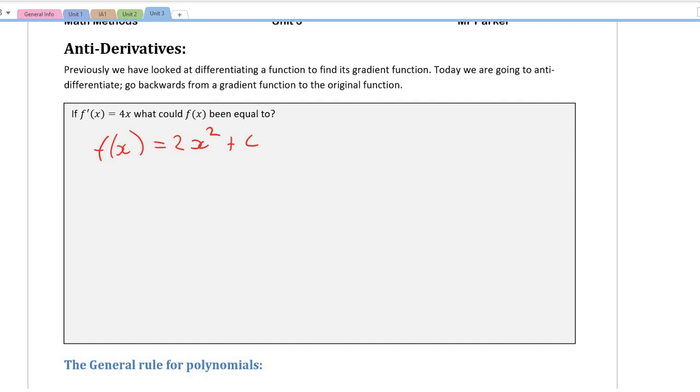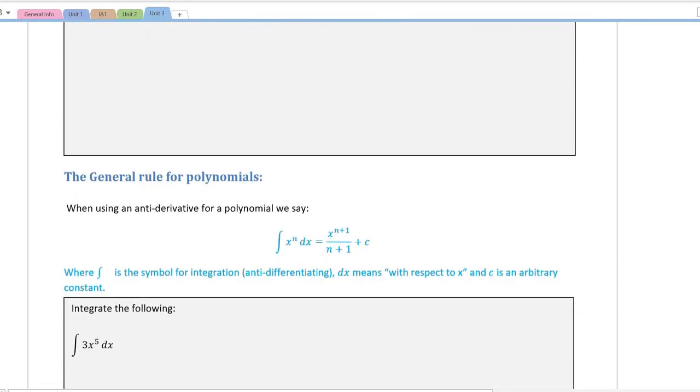So if we scroll down, guys, this rule here, can you see that symbol there, the big S looking thing? That means the integral. You know how derivative is the rate of change, but we use the word derivative to just mean I'm going to find the rate of change function.